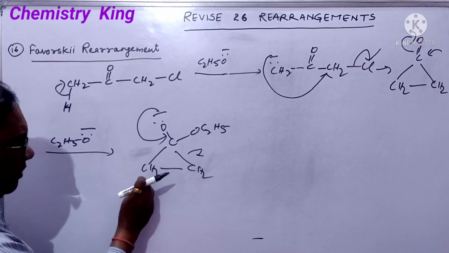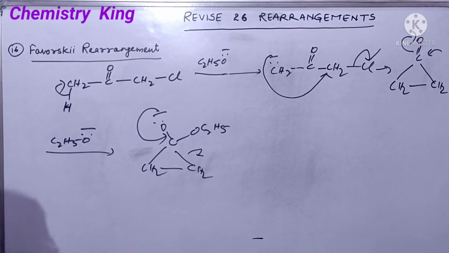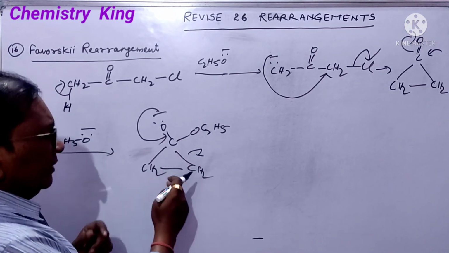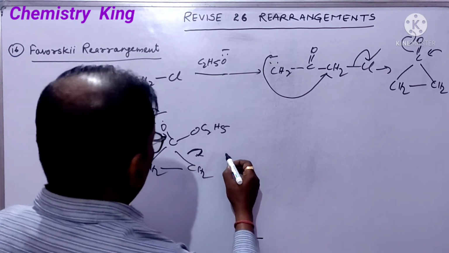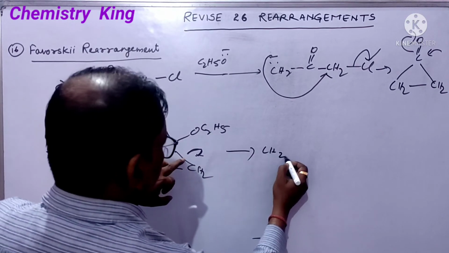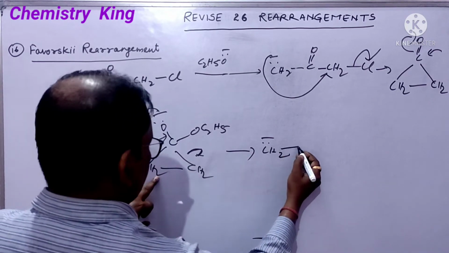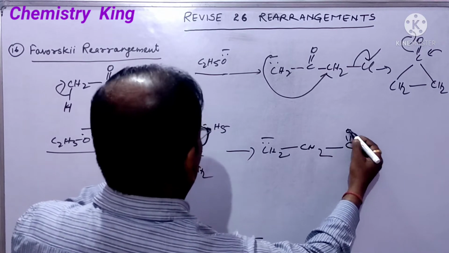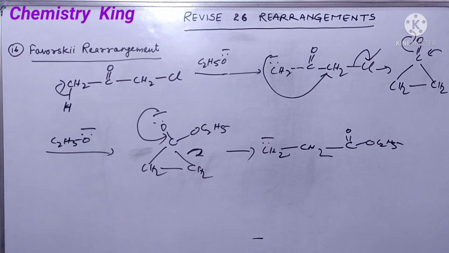Here both carbon positions, these two positions, are quite equivalent, so the bond may break from either side. Suppose the bond is breaking in this fashion, then it will be CH2 minus, I have written this, it is attached with this CH2 and it is attached with C double bond O, OC2H5.